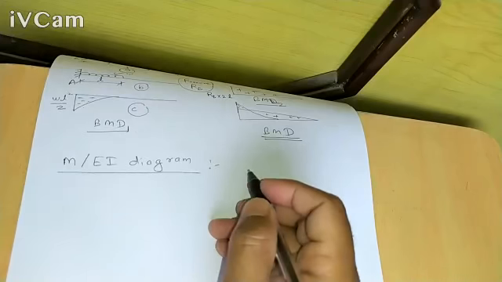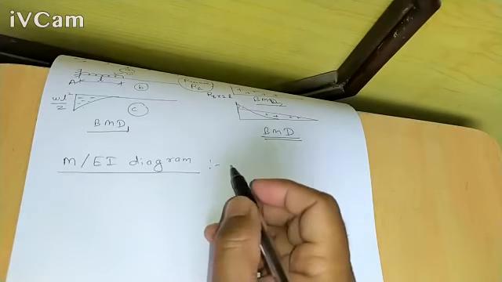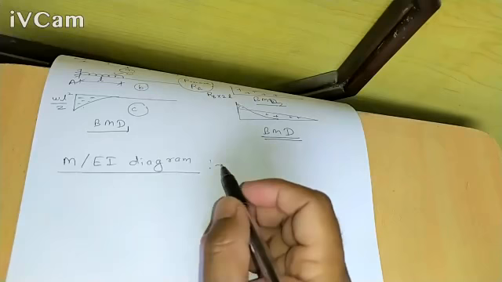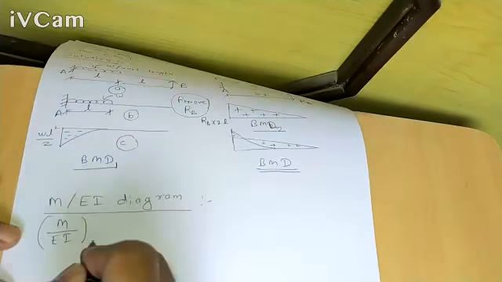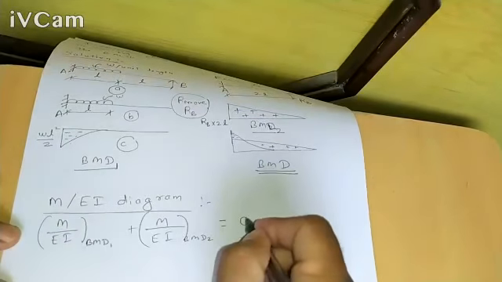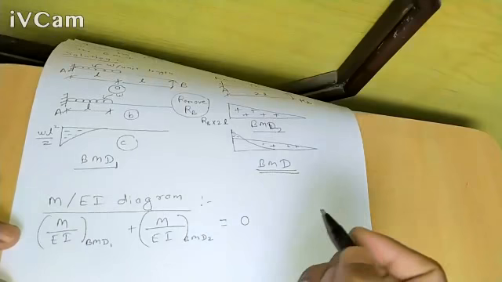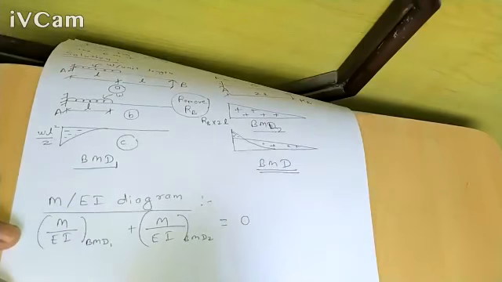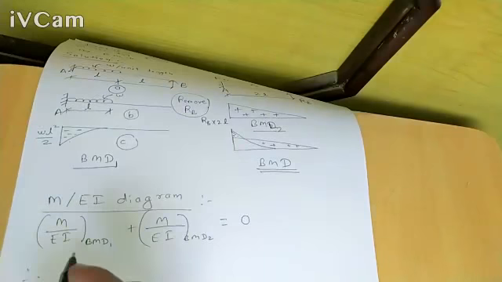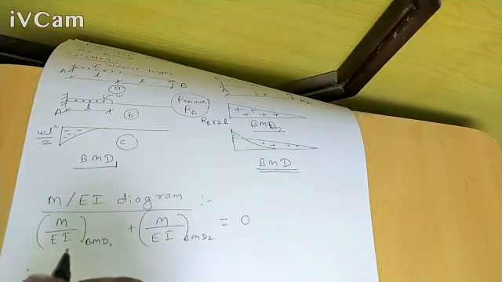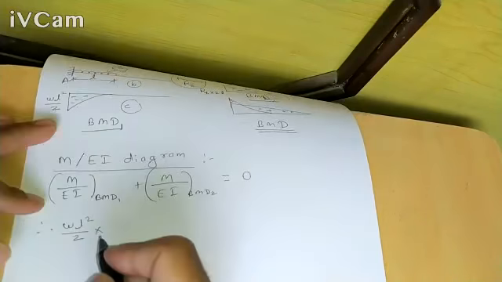So this is the moment. You need to draw WL square by 2, multiplied by L by 3, since this is a parabolic shape, so its CG would be at a distance of 3 by 4L, and this is going to be again L. So this is 3 by 4L plus L into L by 3.